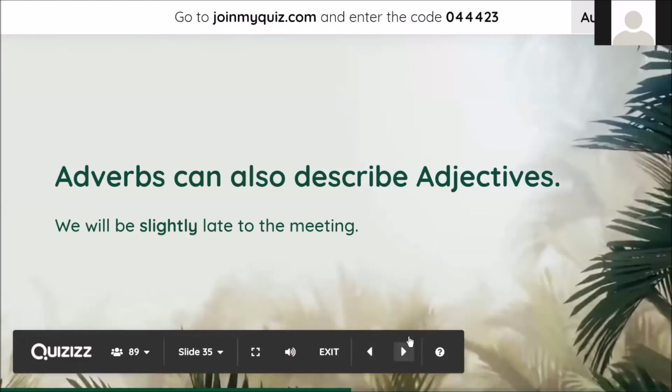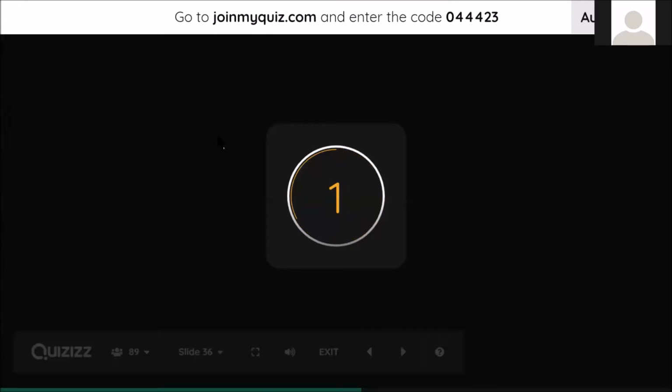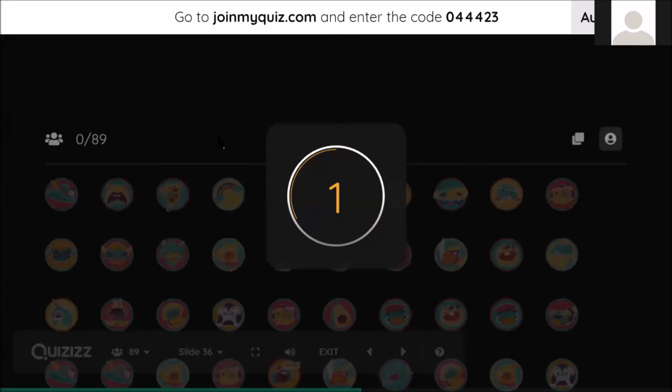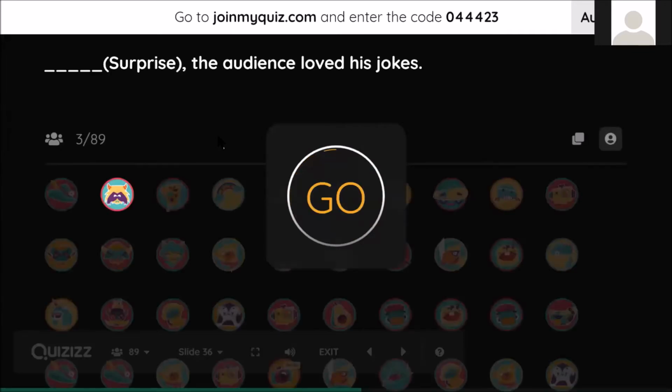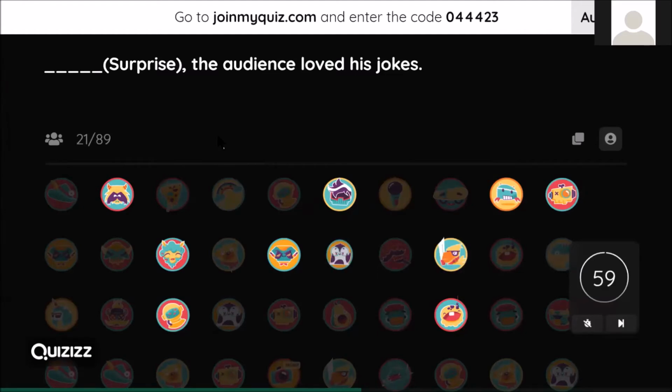Lagging ever so slightly. Okay, so adverbs can describe adjectives. Most of the time they describe verbs, sometimes adjectives.